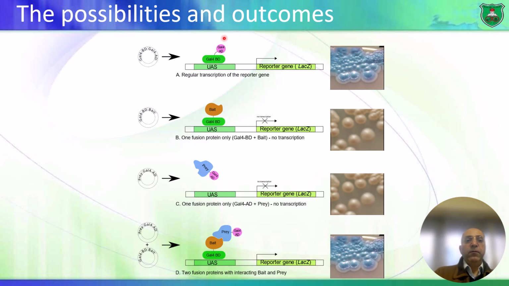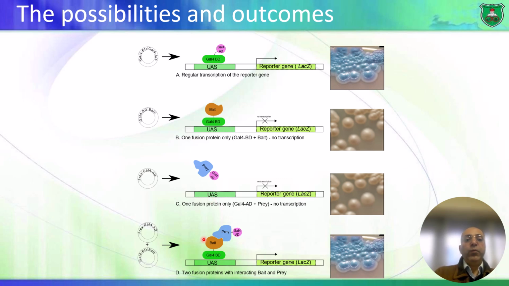Because we have the whole Gal4 protein. If we have a plasmid that produces the DNA binding domain only, then there would be no production.